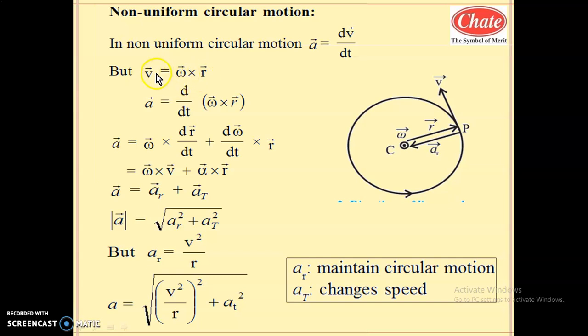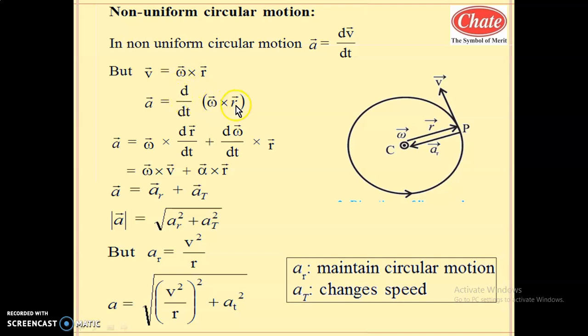Now, substituting v in the acceleration equation, we get acceleration as d by dt of omega cross r. As omega and r are both variable, neither is constant, so we cannot take anything outside the derivative.